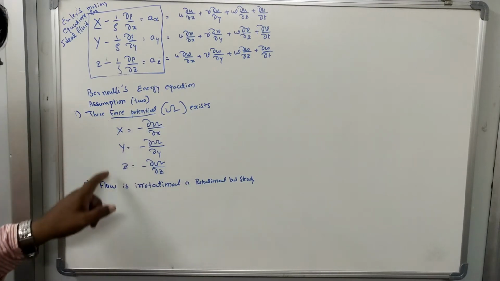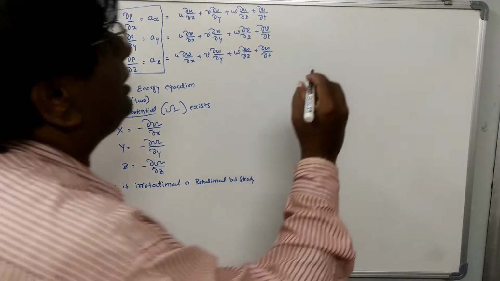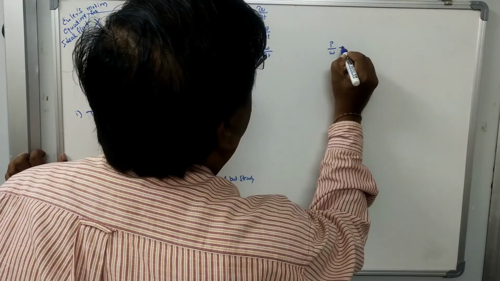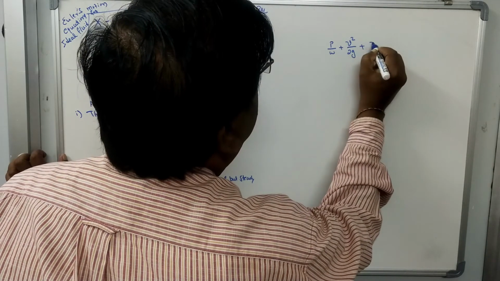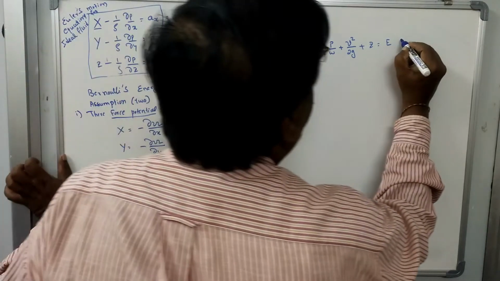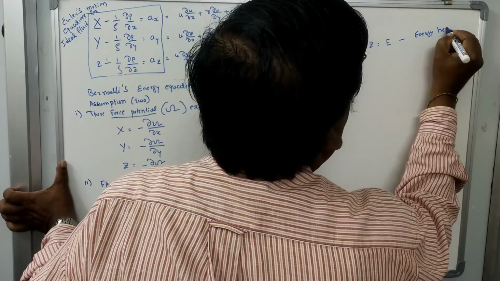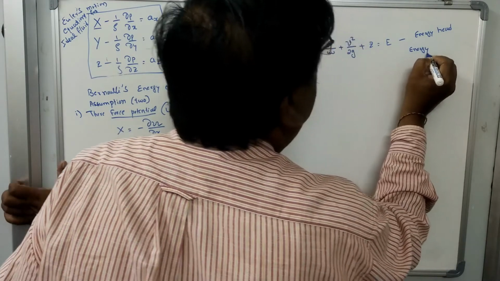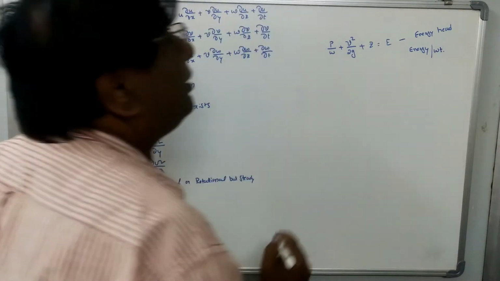So based on these two assumptions, we have derived the Bernoulli's energy equation, that is P/W + V²/2g + Z = E. This E is nothing but the energy head, or the energy per unit weight.